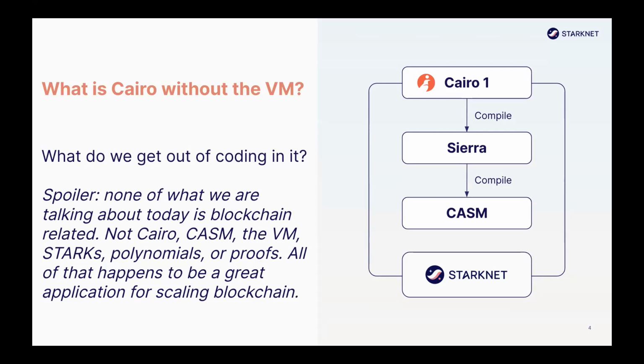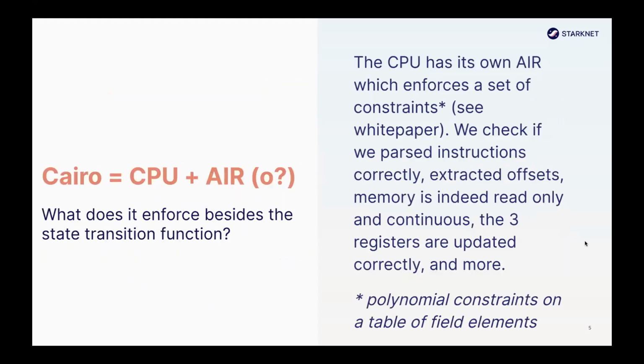So there are projects such as Giza that operate fully off-chain, and this has nothing to do with blockchain. It just happens so that this provable property of Cairo is very well compatible with blockchain, so specifically with Ethereum, and so it serves scaling Ethereum. So Cairo without the VM is just you're able to compile it and you get this CASM.